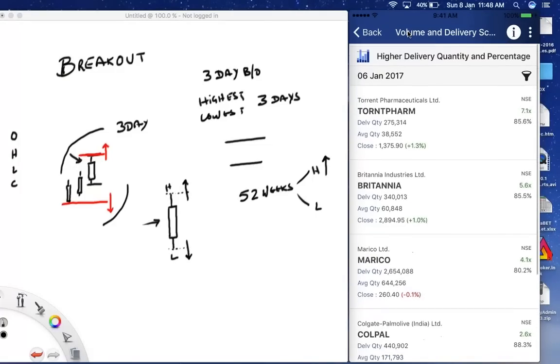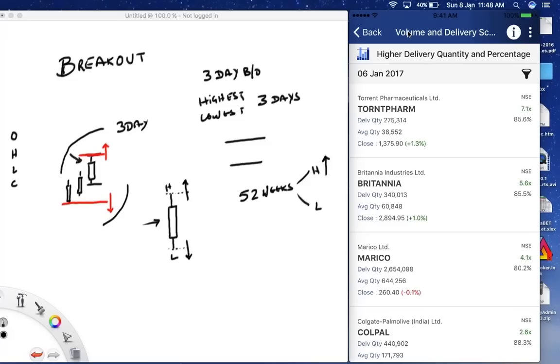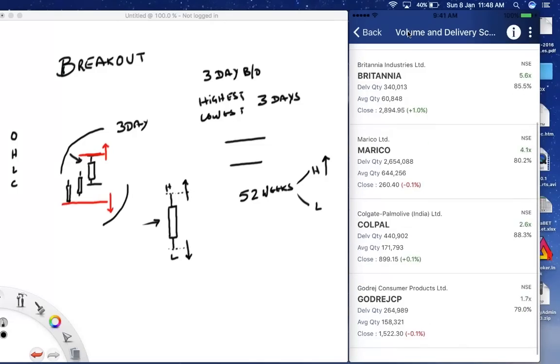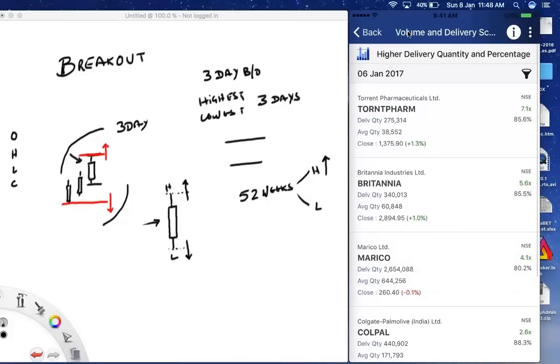So is it a market where people have less faith and that's why they're hiding behind the consumption and the healthcare kind of stocks? See, the other one is healthcare.